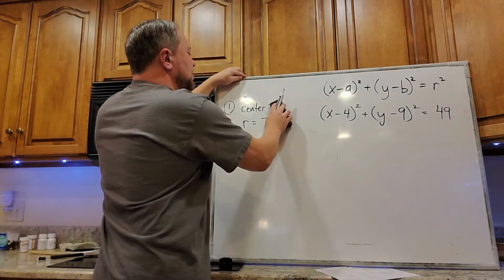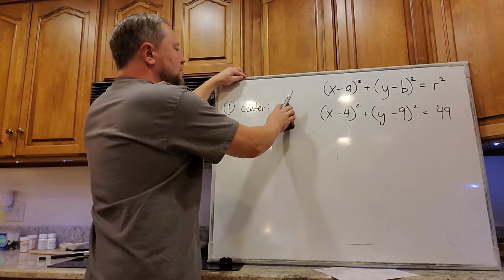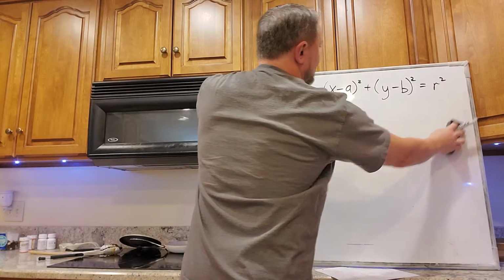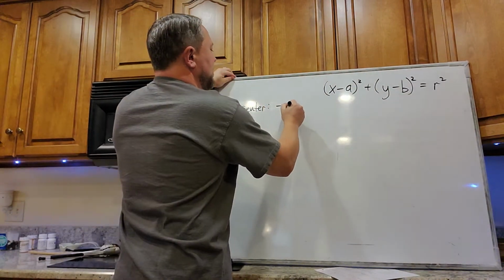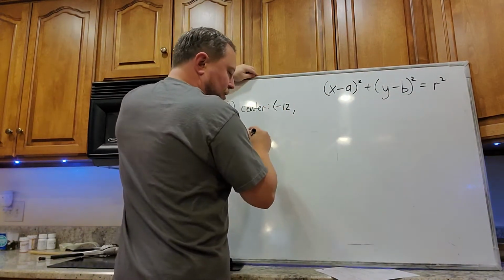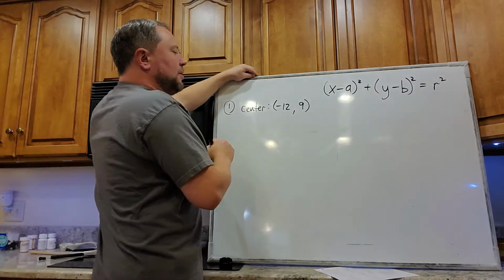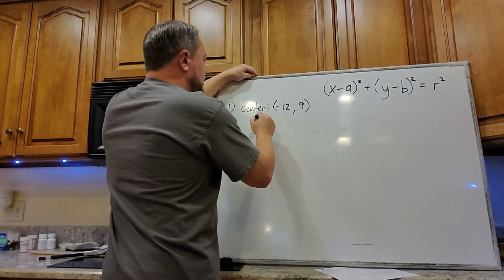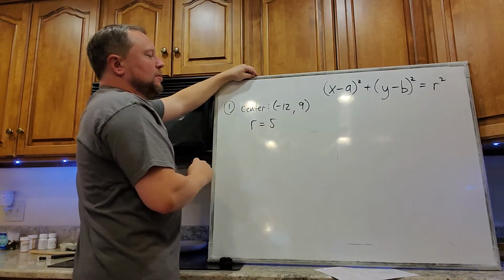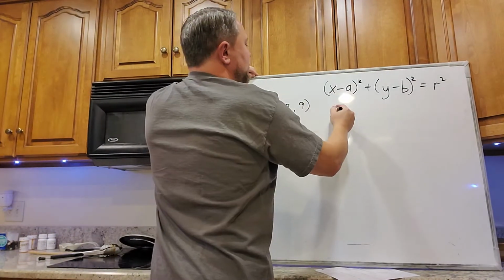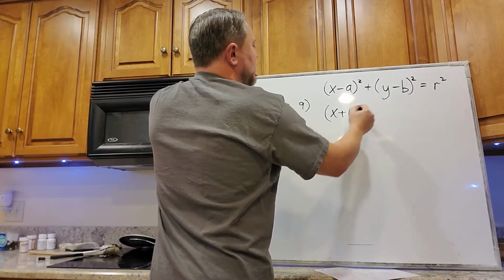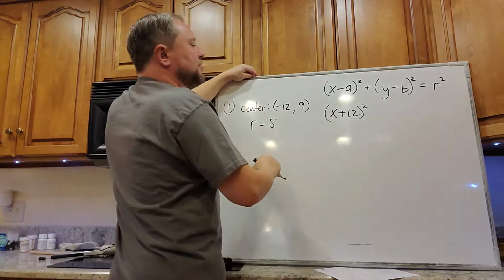Okay, so again, just to do one more of those to show you how easy these first ones are. Let's say I give you this time a center point at negative 12, 9. Those are the coordinates of the center, and a radius of 5. So the opposite of negative 12 would be positive 12, so I'm going to put a plus 12 inside here with the x.